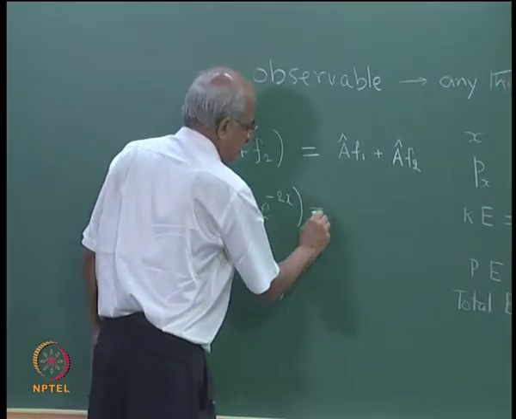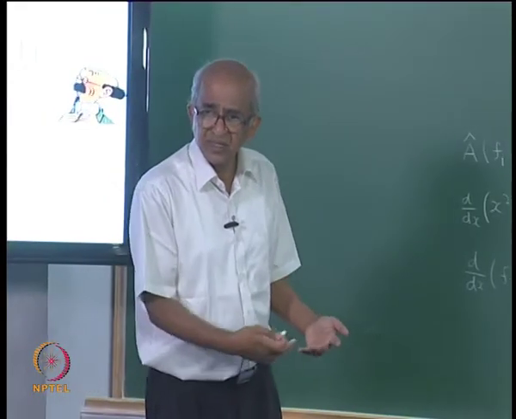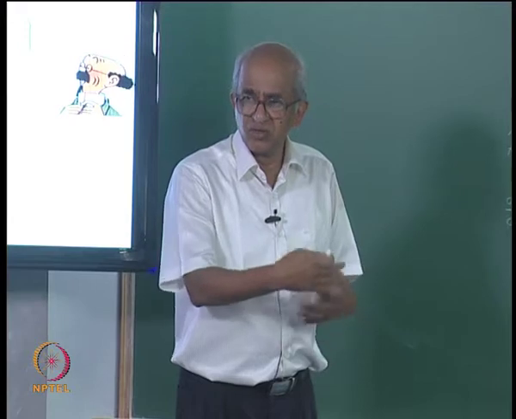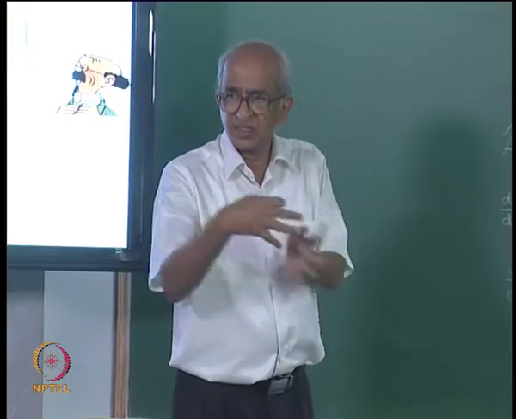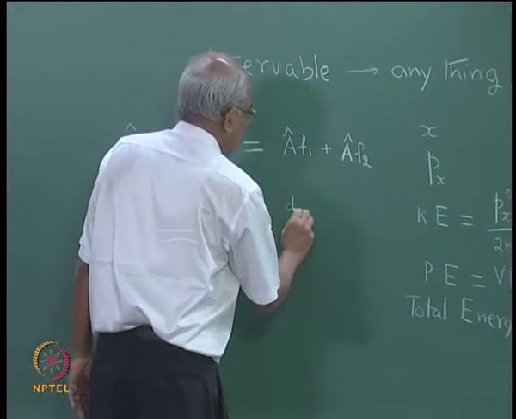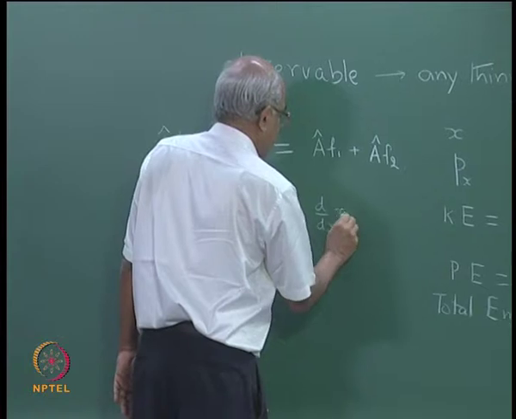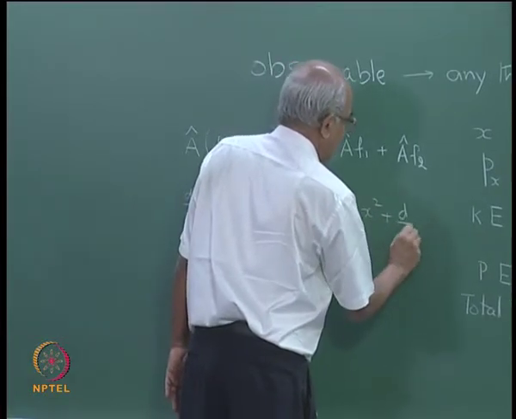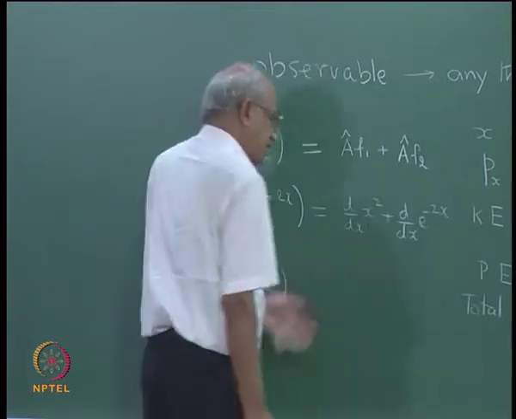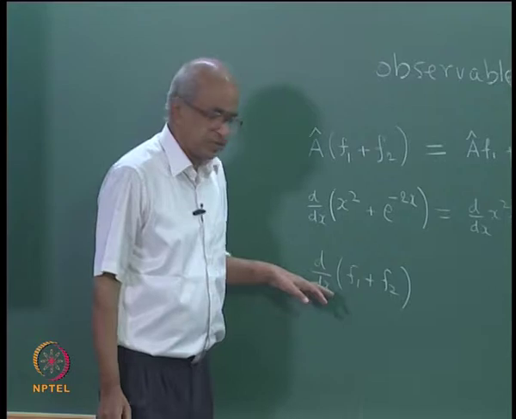What will be the answer? We know how to carry out differentiation of a sum: the derivative of a sum is equal to the derivative of the first term plus the derivative of the second term. So it is d by dx operating upon x square plus d by dx operating upon e to the power of minus 2x, and that is definitely valid irrespective of what f1 and f2 are.